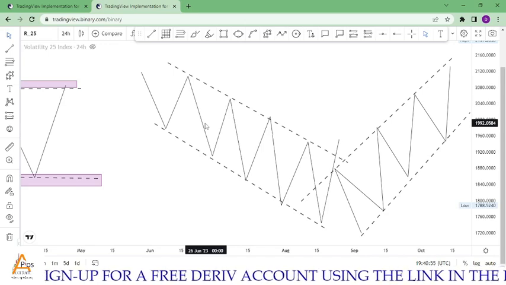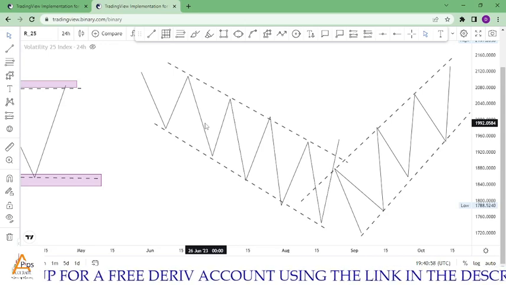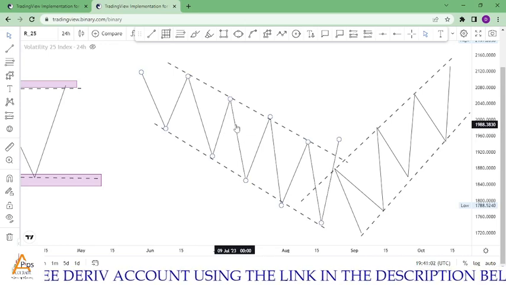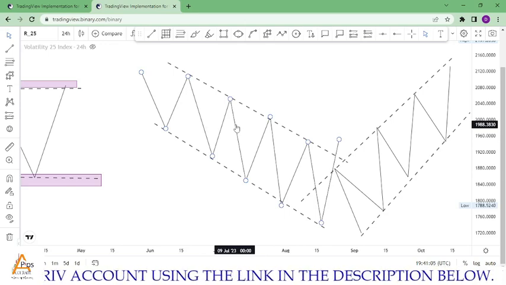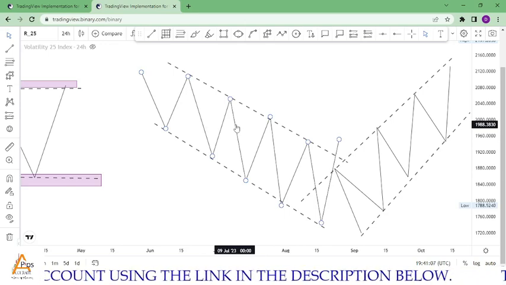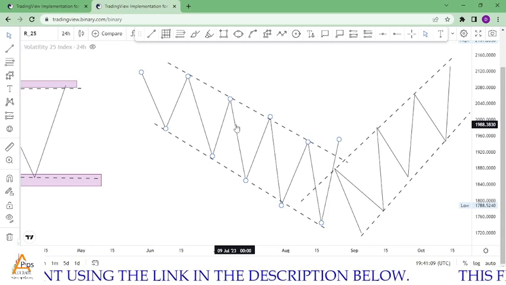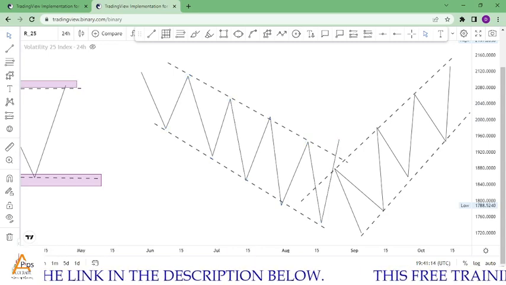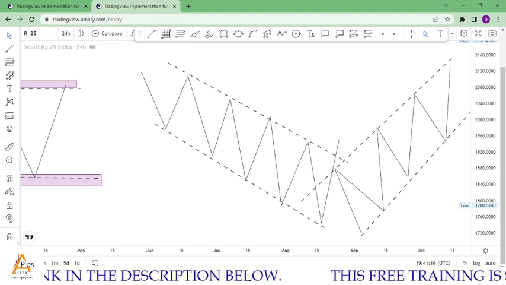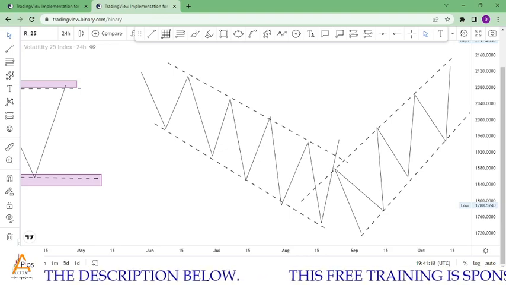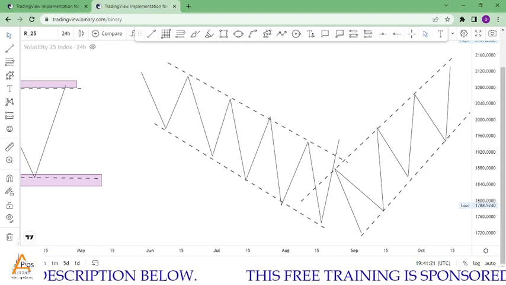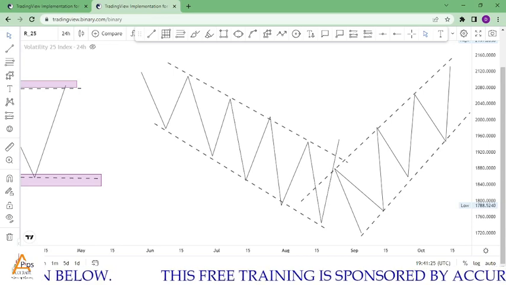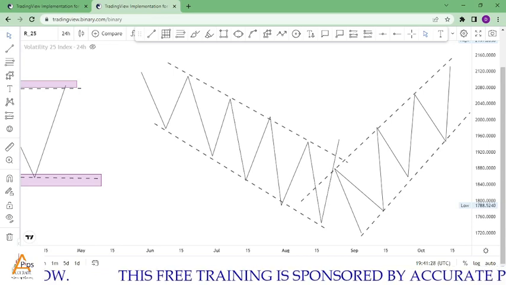When we talk about the bid price, we are looking at the price at which you want to sell an asset, be it a currency, a metal, a synthetic asset, whichever asset it is. The price at which you are willing to sell it is referred to as the bid price.